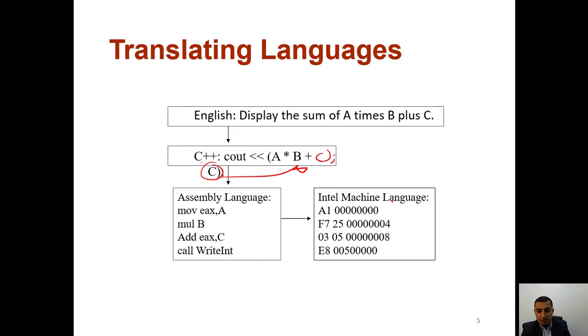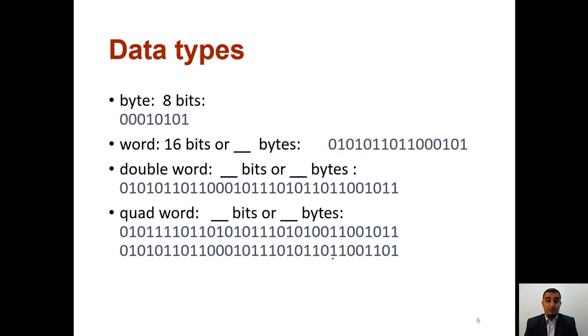And in machine language, it is this code. As you can see, a high-level programming language is quite simple and easy to use. But when it comes to assembly language, a one-line program such as this cout code will be converted into at least 4 lines, and it will have 4 corresponding lines in machine language.